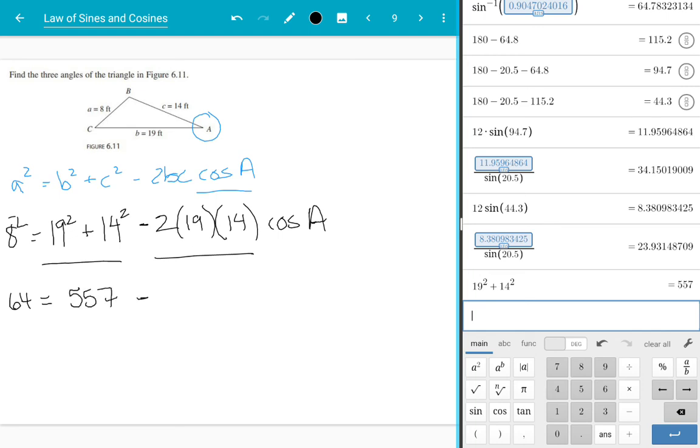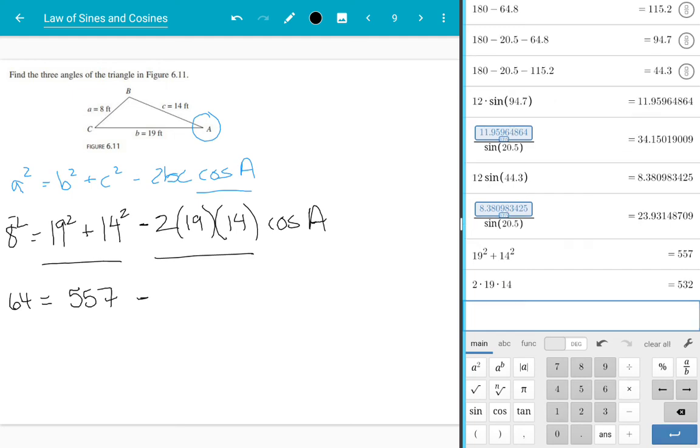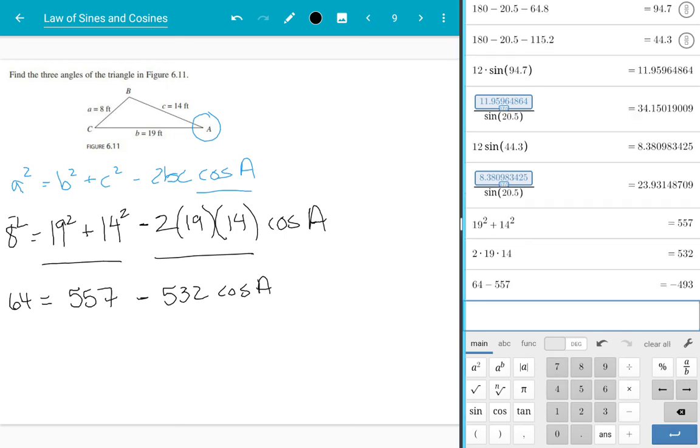Minus, let's find the product of 2 times 19 times 14. It's 532 cosine A. So subtract 557 from the left-hand side. Negative 493 equals negative 532 cosine A.